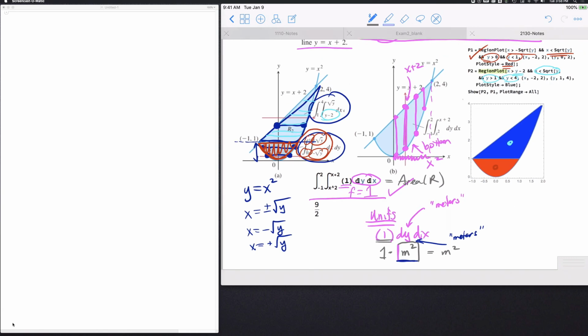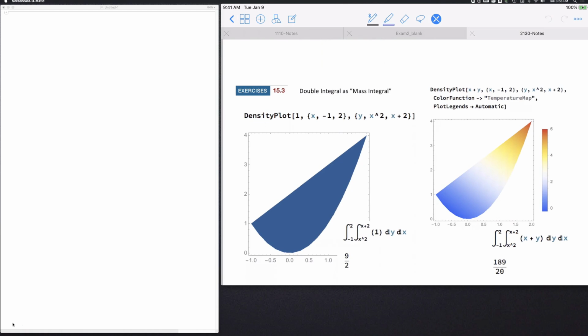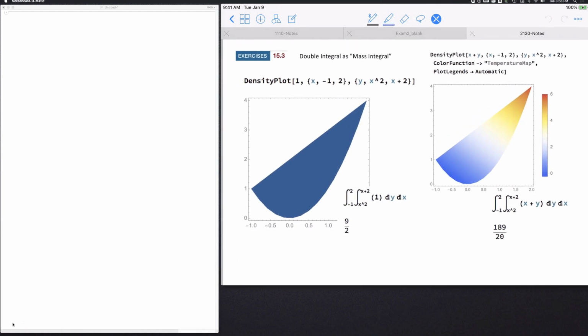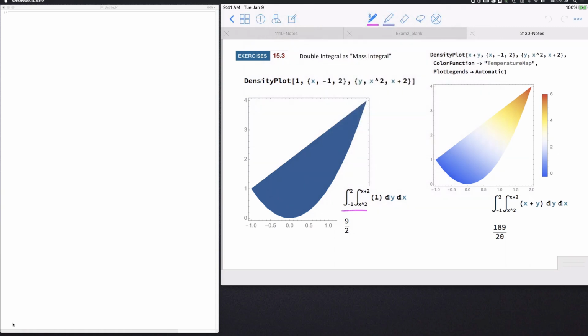There is another interpretation of double integrals, and I'd like to look at it now. What we're seeing here is a double integral over the region that we had in the last problem.